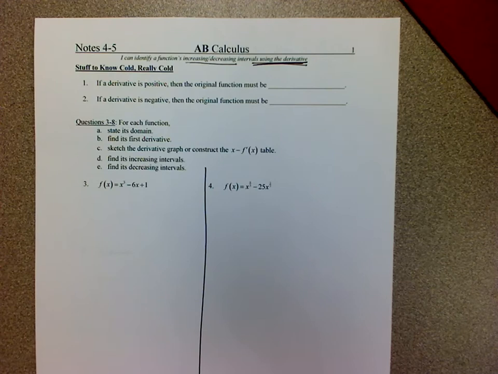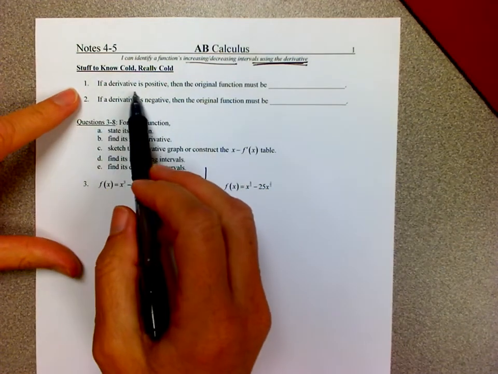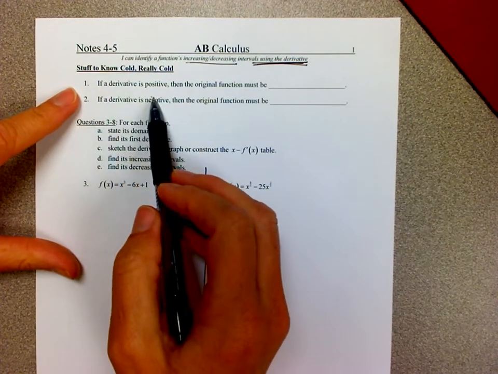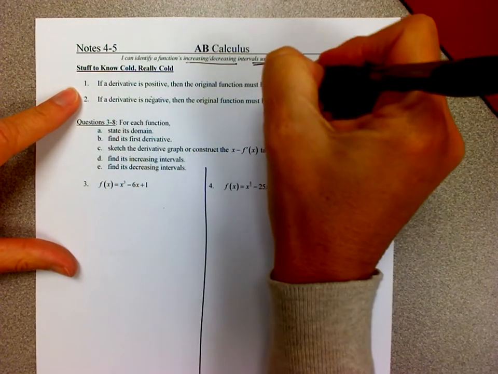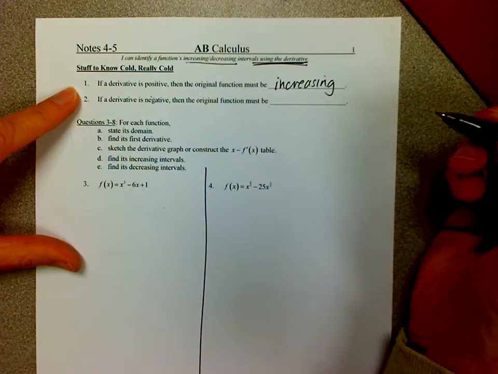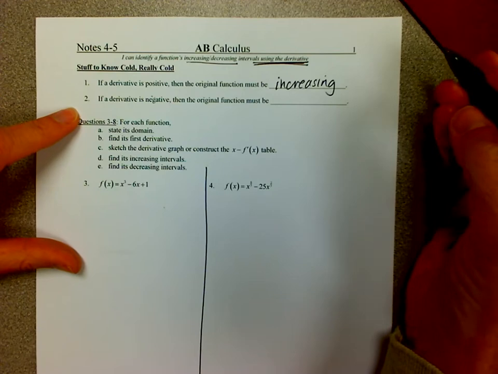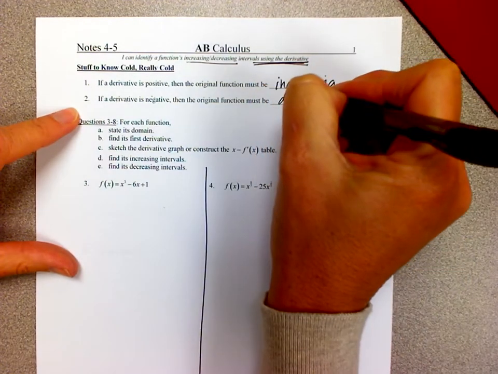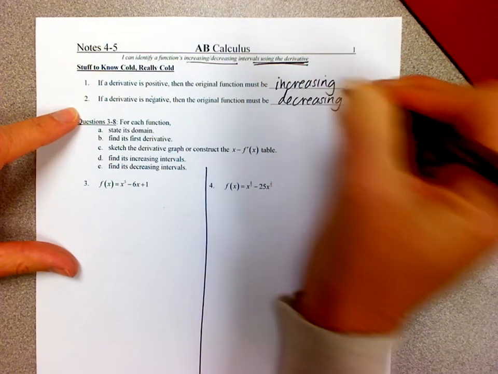Okay, so there's kind of steps to this, and a lot of these steps are just AP steps where you have to show everything, but you also just want to think about these things as well. We know from prior lessons that if a derivative is positive, then the original function must be increasing. And if the derivative is negative, then the original function is decreasing. This goes back to our chart.